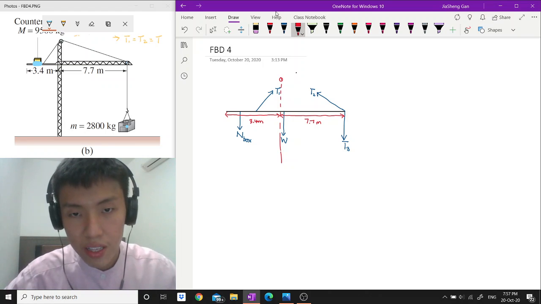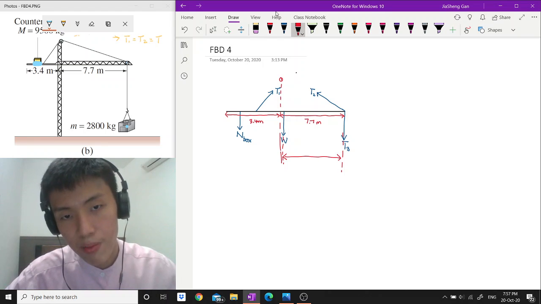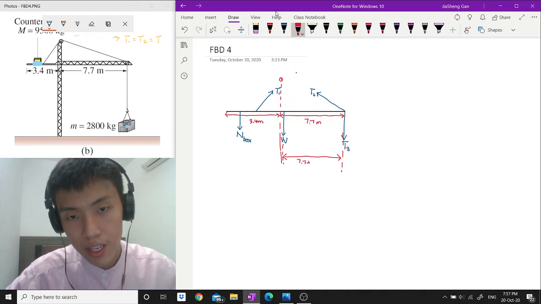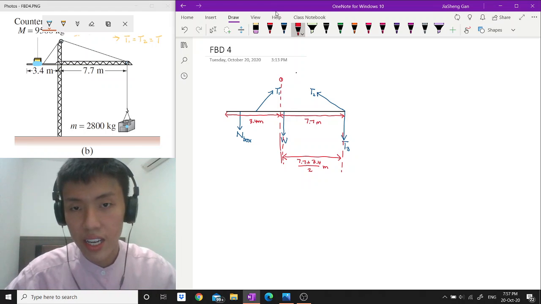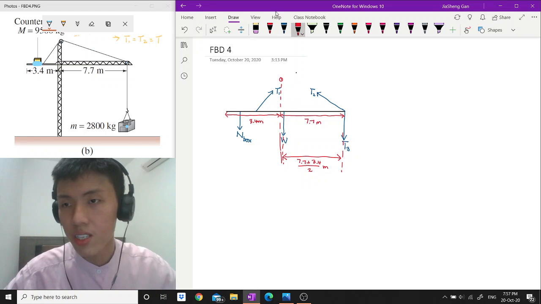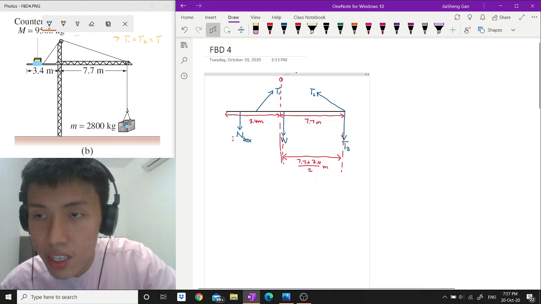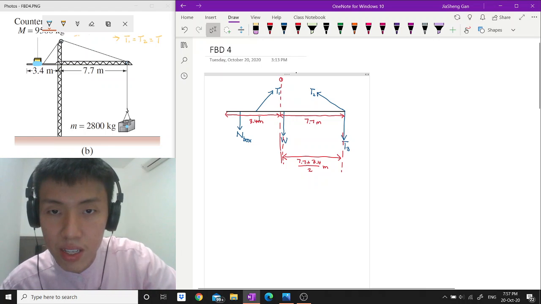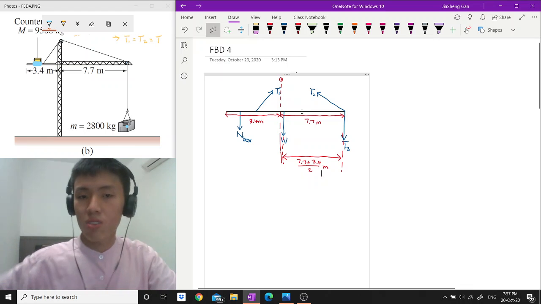So the distance of the weight should probably be 7.7 plus 3.4 divided by 2 meter. Then this angle here I don't know, so I also cannot determine the distance here. I cannot determine the distance of this. That's all that I can do.